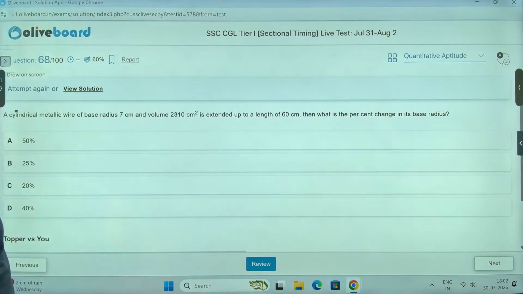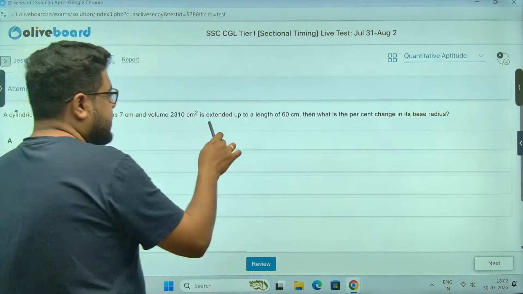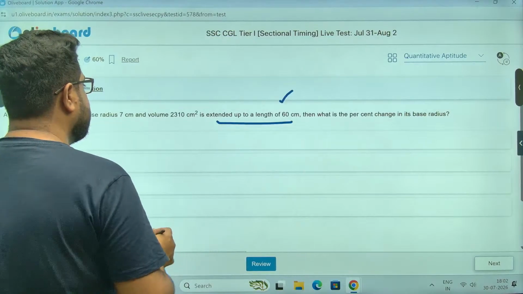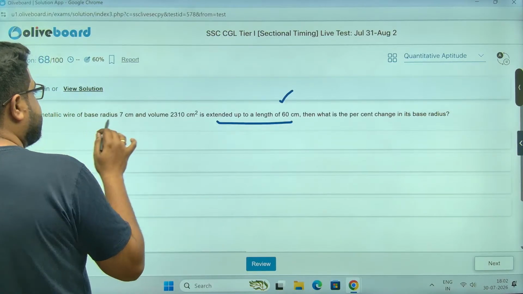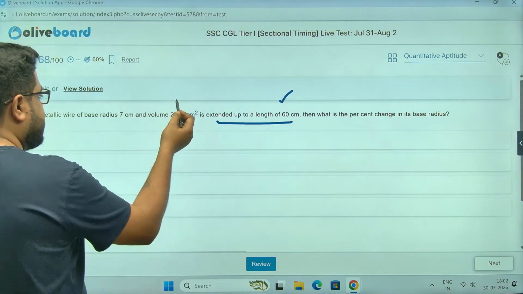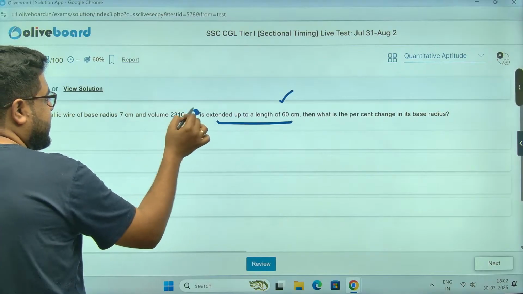A cylindrical metallic wire of base 7 is extended up to a length of 60, and we need the percentage change in base radius. So first of all, I need to find the initial volume. This will be in centimeter cube.